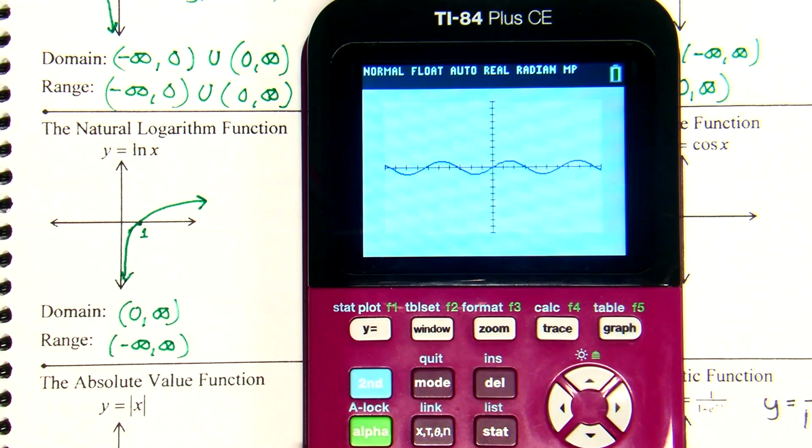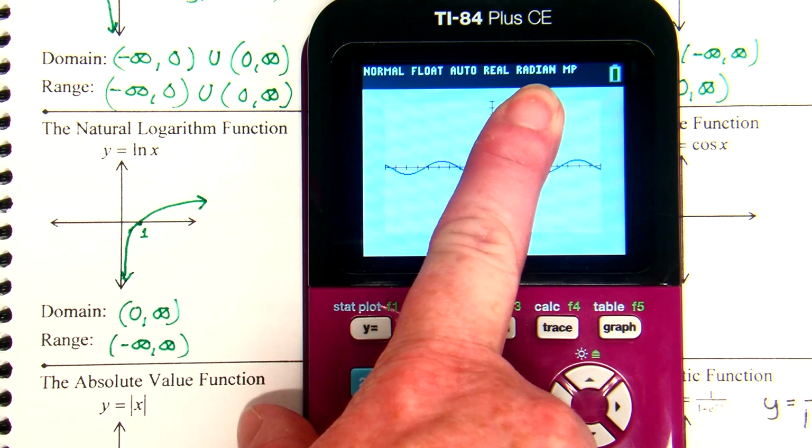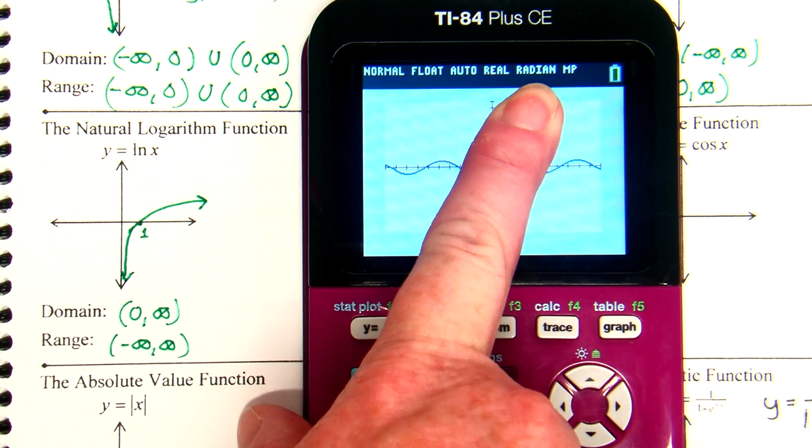Because in order for you to get sine x, your calculator has to be in radian mode. But if you're all in radian mode, you all got the right thing. On my calculator, I know I'm in radian mode because look what it says right there. It says radian. As opposed to if you take physics, you want to be in degree mode most of the time. First semester doesn't really matter for us.